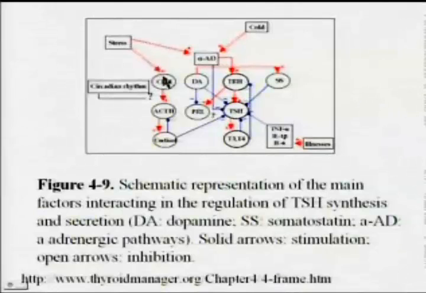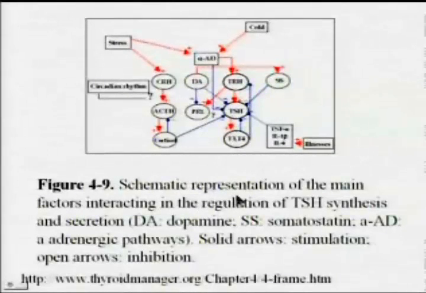So the red are going to be activation, and these blue lines are going to be inhibition, so negative feedback shown here. So hormone 3, the cortisol, is going to have a blunting effect on the thyrotropes at the level of the anterior pituitary, and so under stressful situations, you'll have a blunting of the HPT axis.